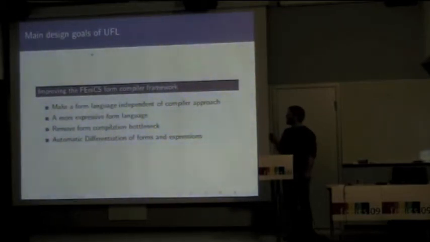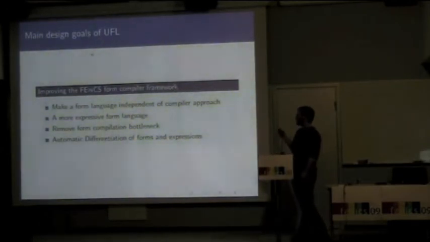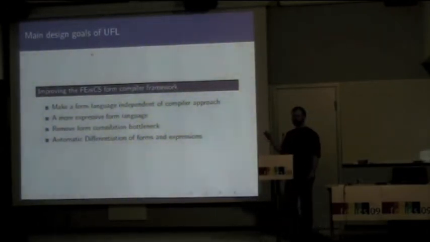And we want to remove the form compilation bottleneck. Sometimes it can take a long time to compile forms, and at least we have improved it. I don't think we have quite removed it, but it's better. And in particular, we have added automatic differentiation of forms and expressions embedded in the language.